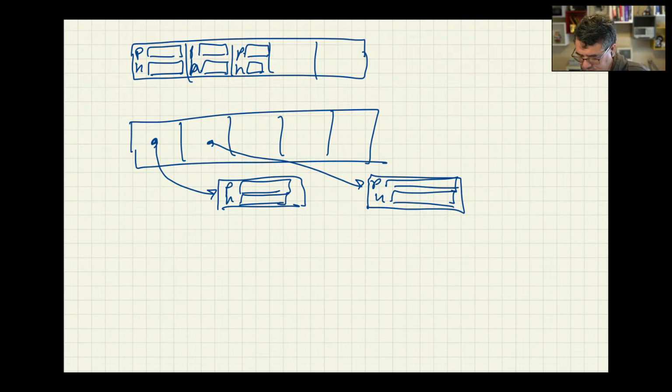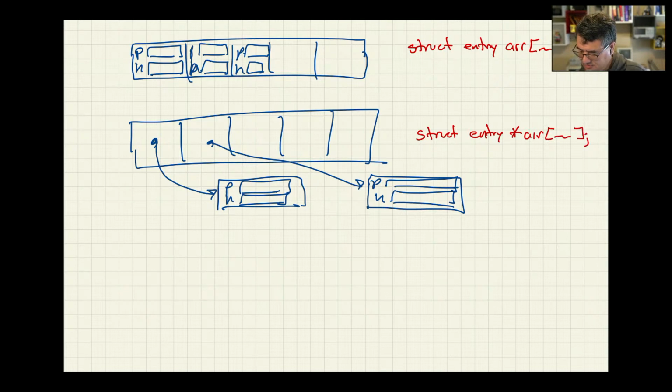So this one over here would be a struct entry array of some length. And this one down here would be a struct entry pointer array of some length. Mm-hmm. So this one down here is an array of struct entry pointers. And this one is just an array of structs.